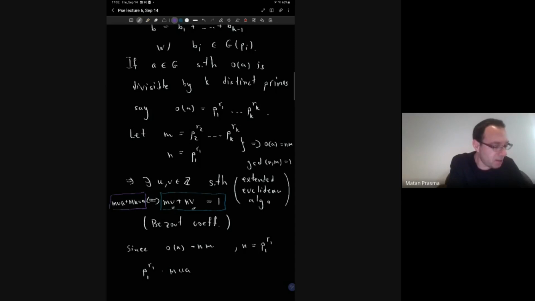So using this purple identity, P1 to the R1 times MUA, which by definition is equal to NMUA. UA is an element in G, and A has order NM, so this is equal to 0.